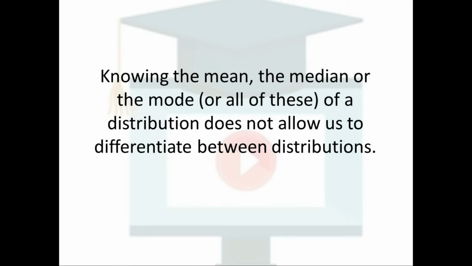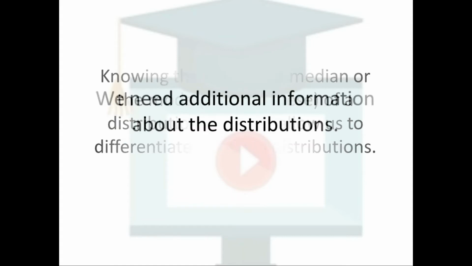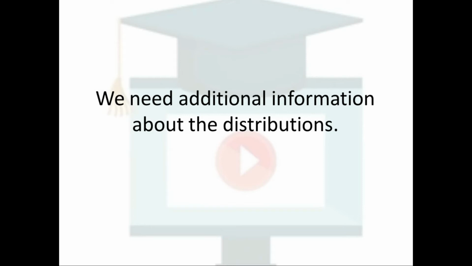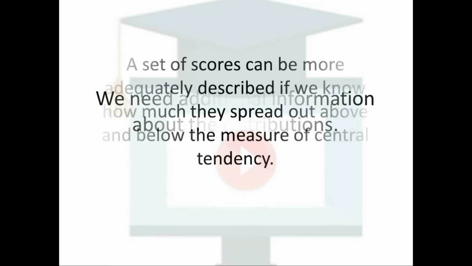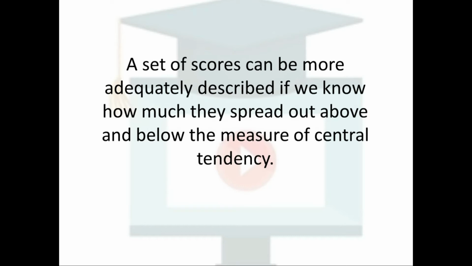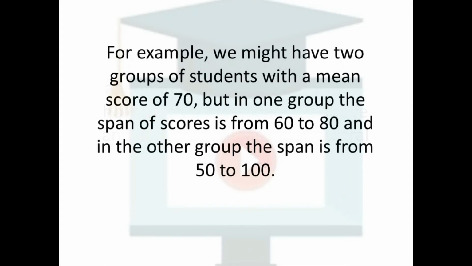Knowing the mean, the median, or the mode, or all of these of a distribution does not allow us to differentiate between distributions. We need additional information about the distributions. A set of scores can be more adequately described if we know how much they spread out above and below the measure of central tendency.